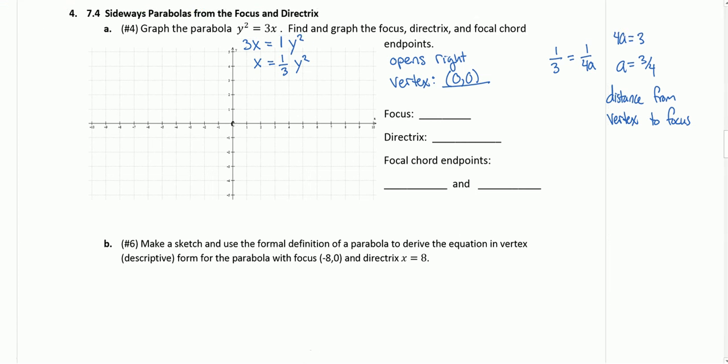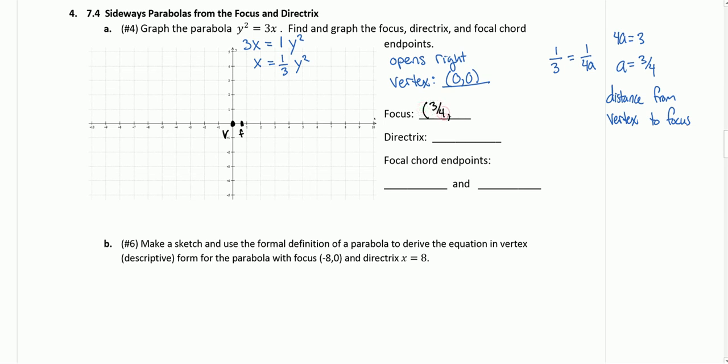So vertex is at 0, 0. The focus is in the direction that it opens. We said we're opening to the right, so we're going to go to the right of the vertex 3/4. So it's pretty close to 1. So 3/4 is between 0 and 1. There's our focus. And so the location of that focus is 3/4 to the right.